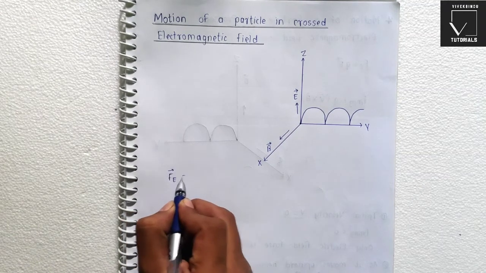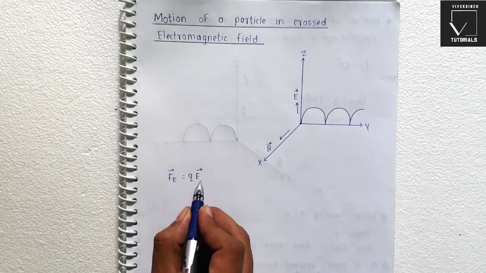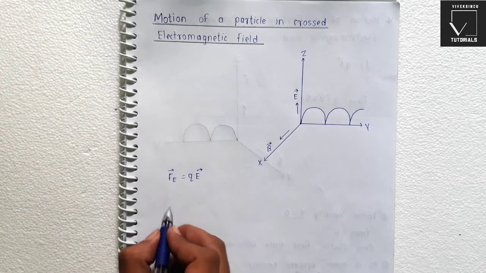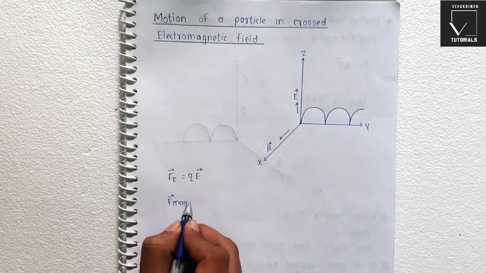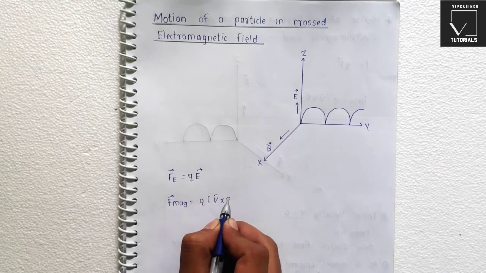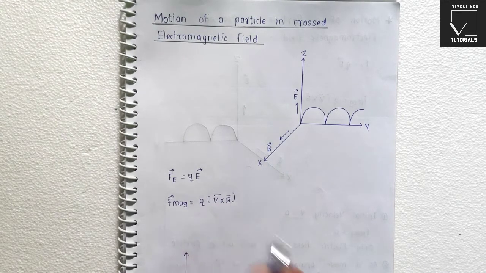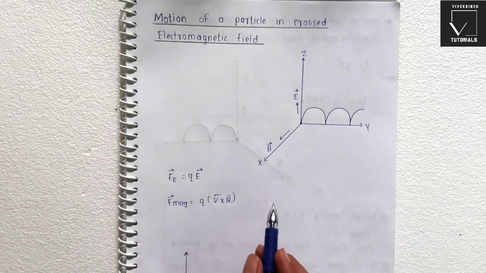F electric is equal to Q into E bar, where Q is the charge and E is the electric field, and force due to magnetic field is given by F magnetic is equal to Q into V bar cross B bar. So these are the forces acting on that particle when it is passing through the field.